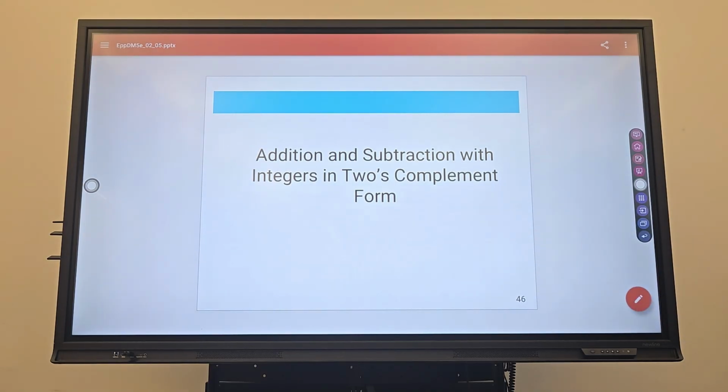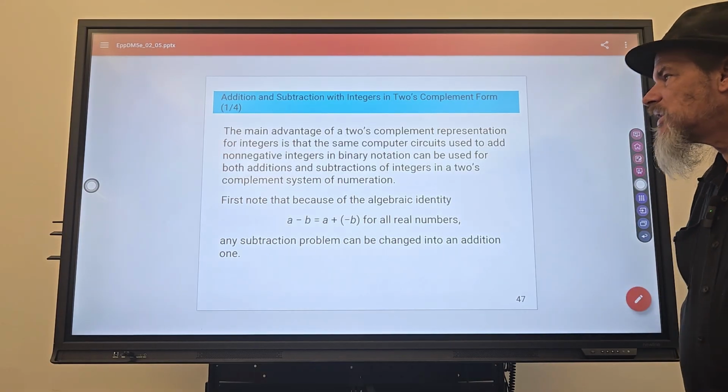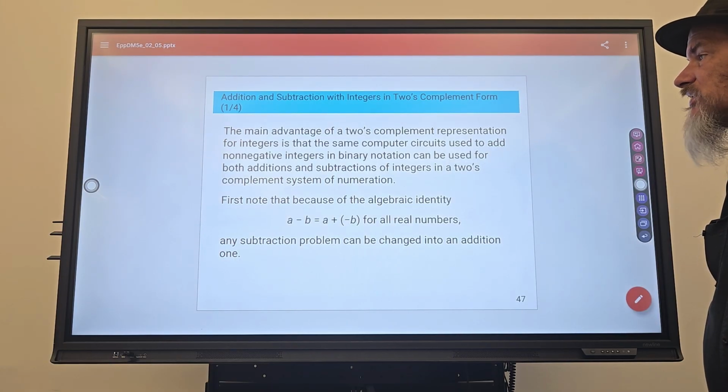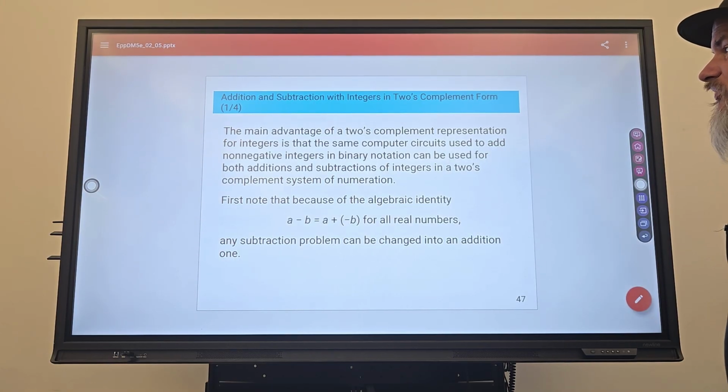Addition and subtraction with integers in 2's complement form. Well, the main advantage of 2's complement representation for integers is that the same computer circuits used to add non-negative integers in binary notation can be used for both additions and subtractions of integers in a 2's complement system of numeration.